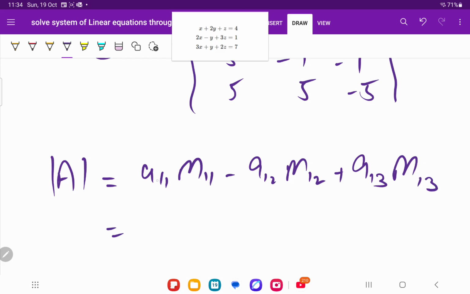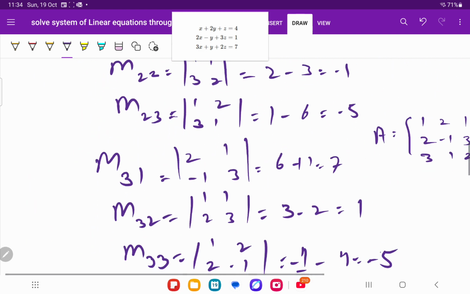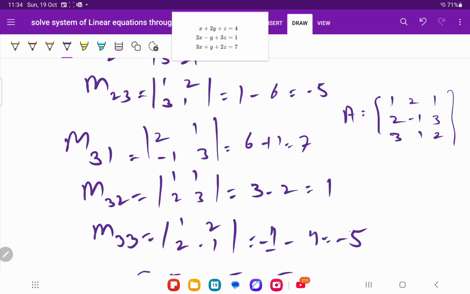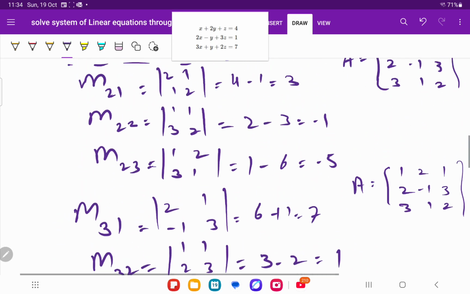A11 is the element in the first row and first column. So what is A11 from matrix A? We have matrix A here. What is the first element? 1. Okay, and what is M11?